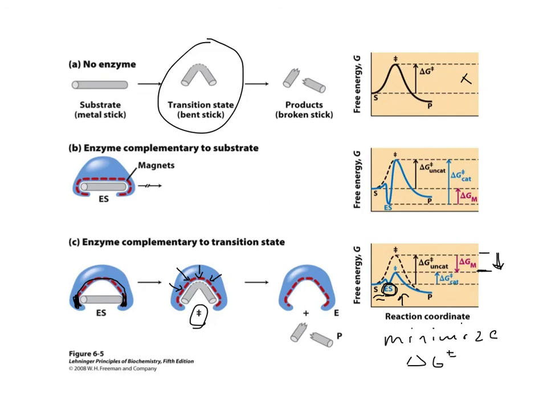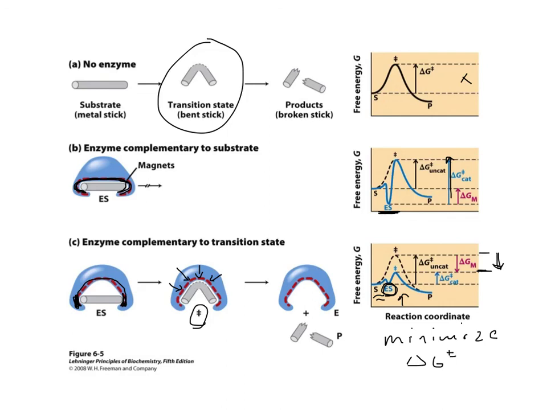Okay, so let's just consider B for a second. What would happen if we bound the enzyme and the substrate as strongly as possible? Well, then we would have a situation where the ES complex is super low energy, and there's no tendency for a complex that already is so very stable to achieve this activation energy and catalyze a reaction.